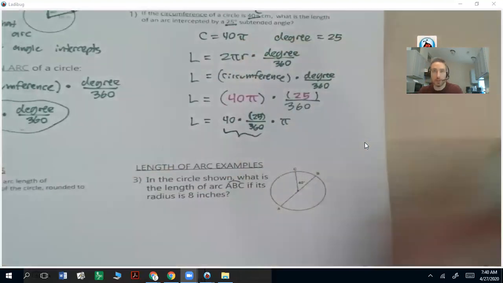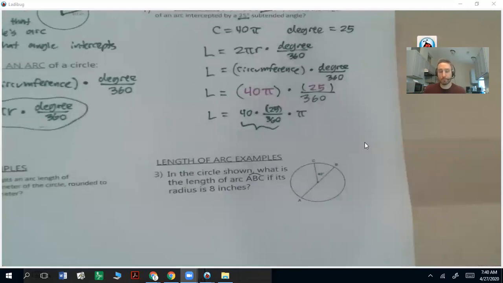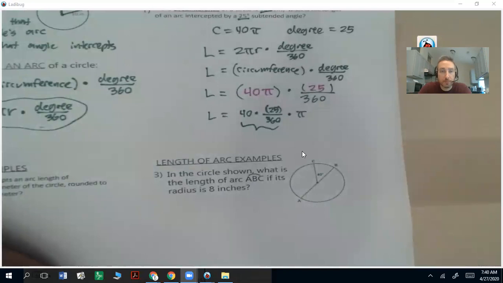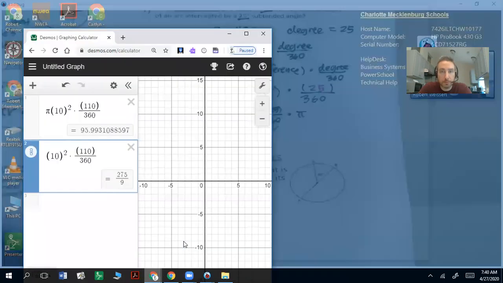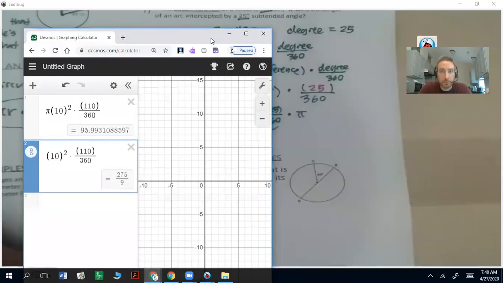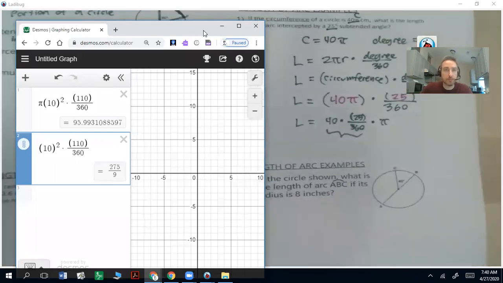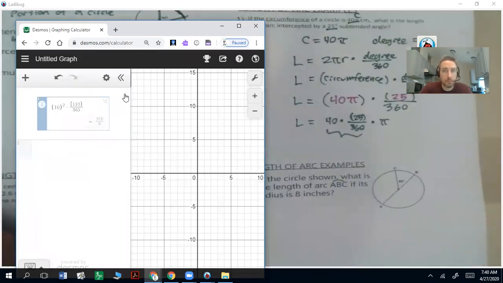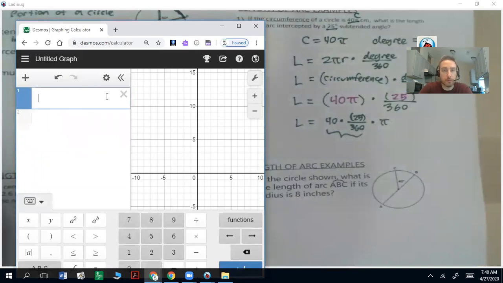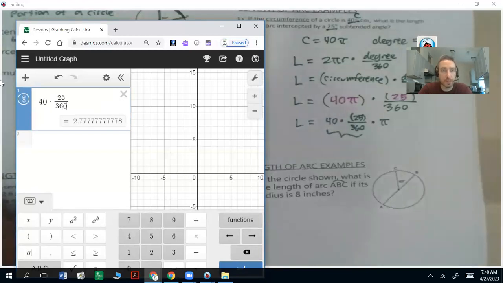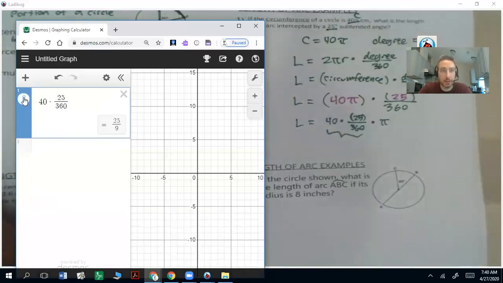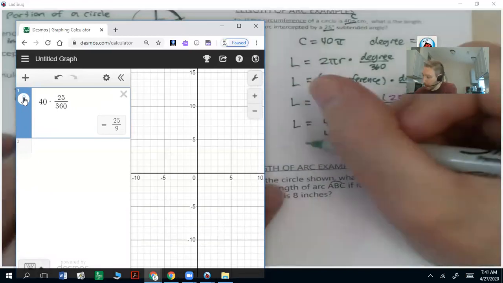Just put that portion in your calculator if you want it in terms of pi. So that's 40 times 25 divided by 360. And that's about 2.77 repeating. I'm going to hit the fraction button and make it a fraction. So we're going to say 25 over 9 pi.